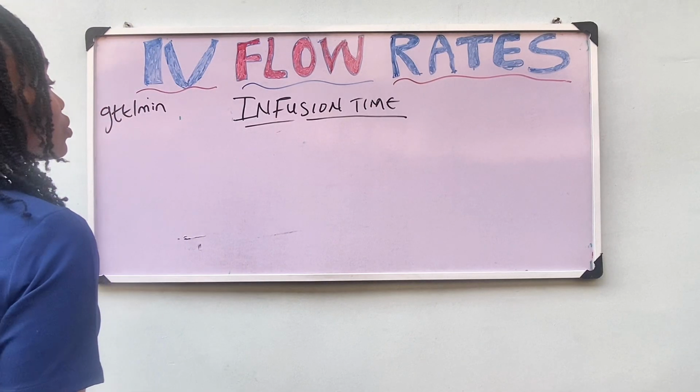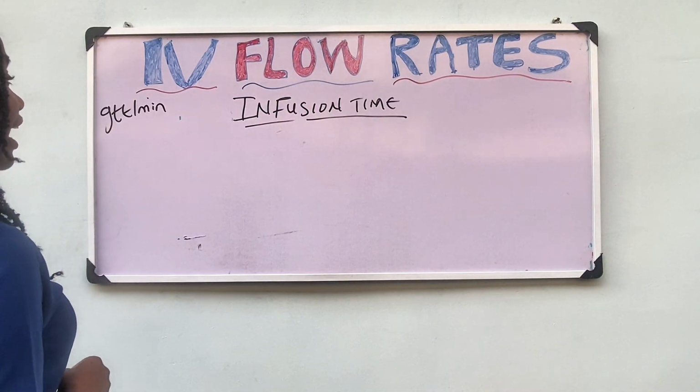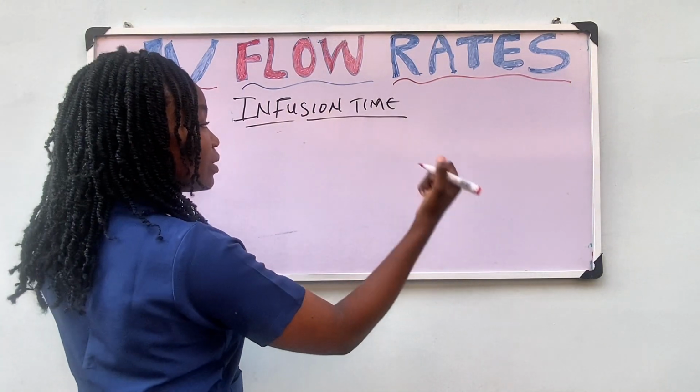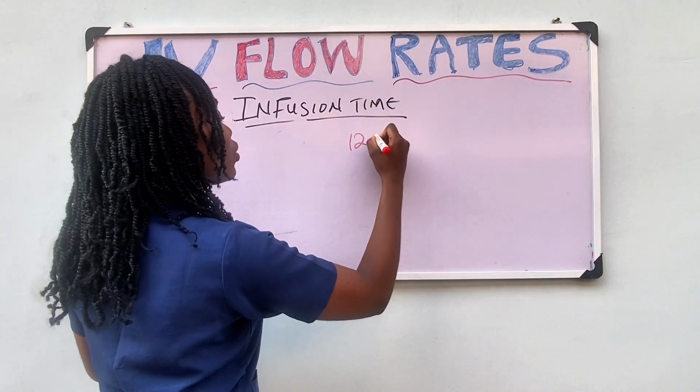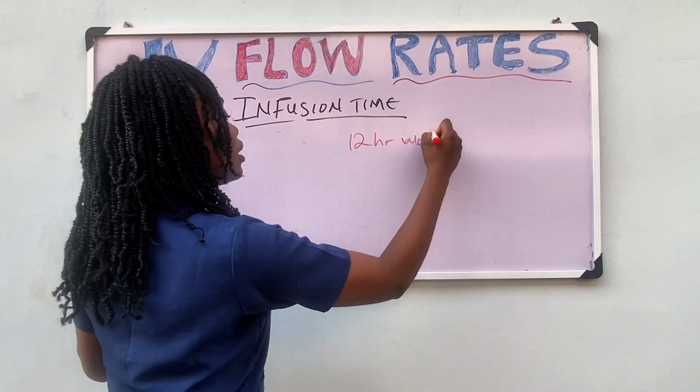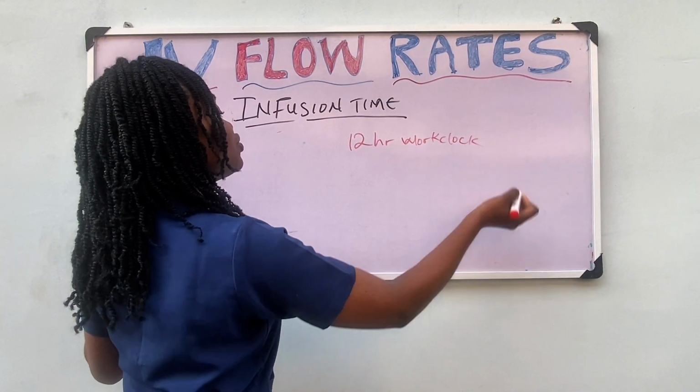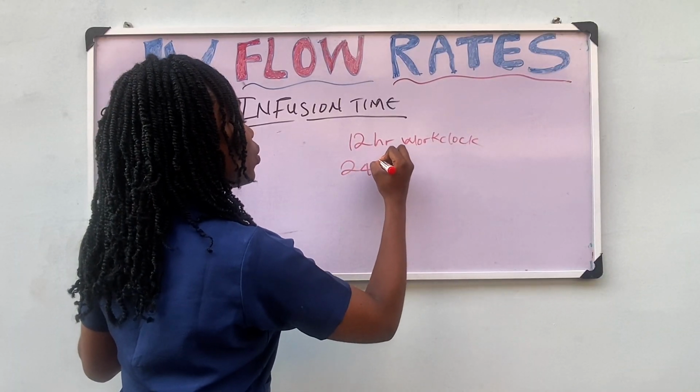There's something I want us to note about military time. The difference between military time and the normal time that we know is that the normal time works on the 12-hour clock, while military time works on the 24-hour clock.